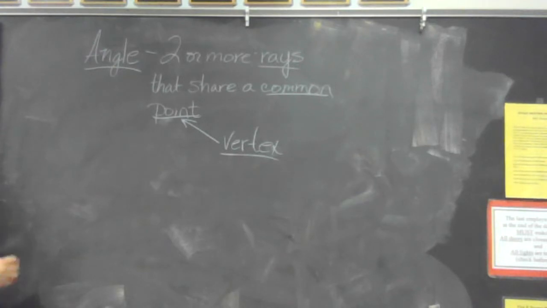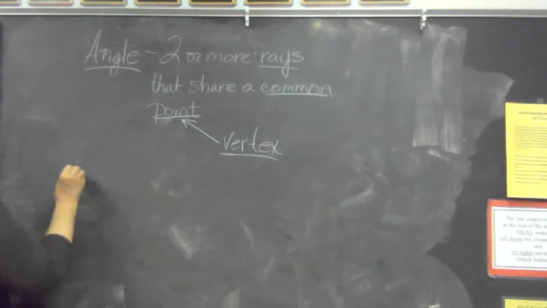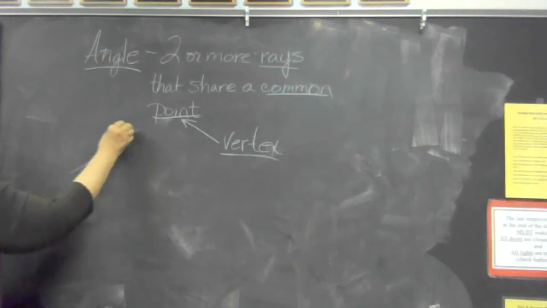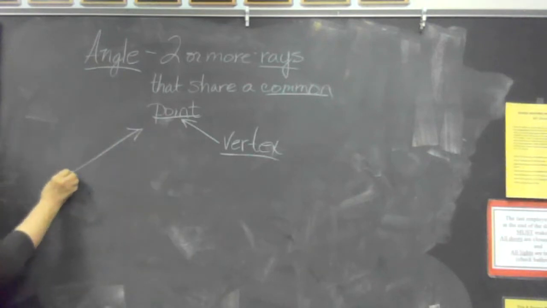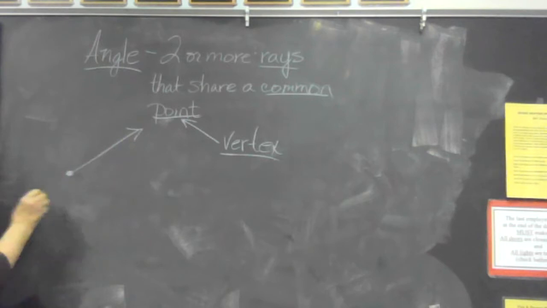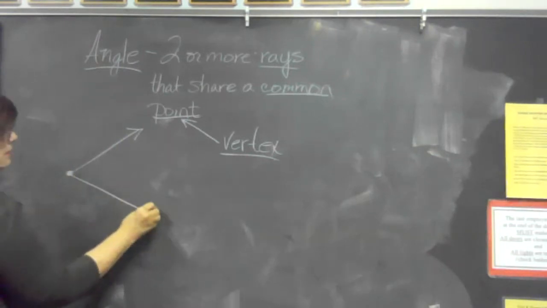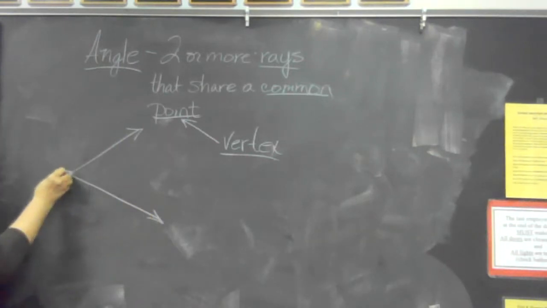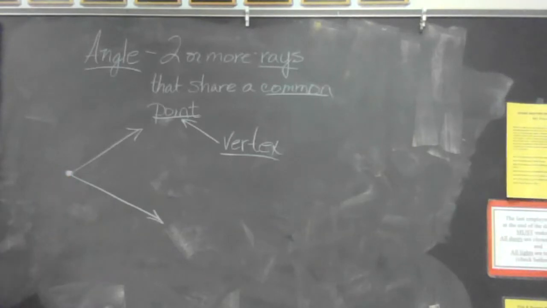So, as you write that down, I'm going to go ahead and draw. Here's a ray. There's its endpoint. Here's another ray. And they share the same point. Do y'all see? Those are 2 rays.